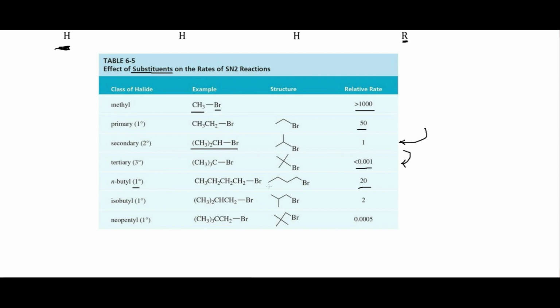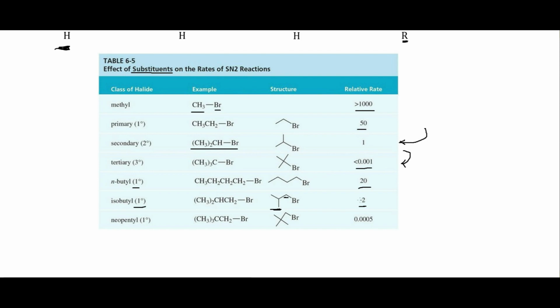But then we see if we go to the isobutyl, so we're now putting substituents on a carbon that's one further away from this actual electrophilic carbon right here. We are still getting steric effects, and so this is only going to be 2 times faster than our secondary. So the bromine is still on a primary carbon, but we are now increasing substituents on a carbon that's further away from it.